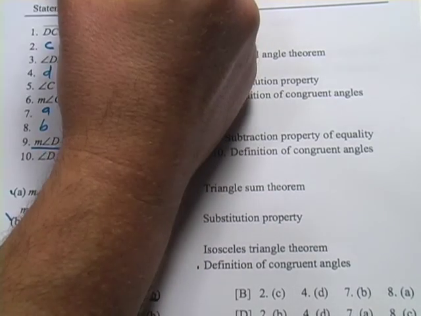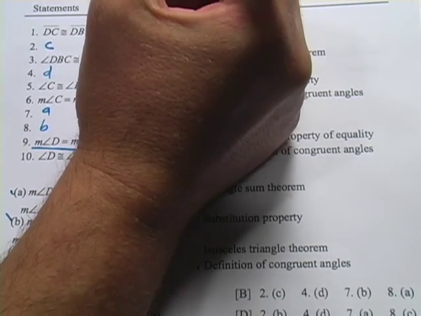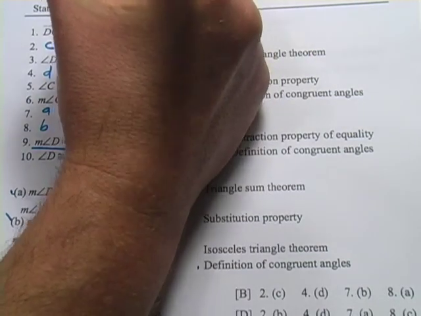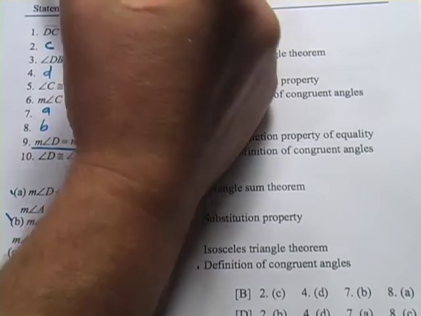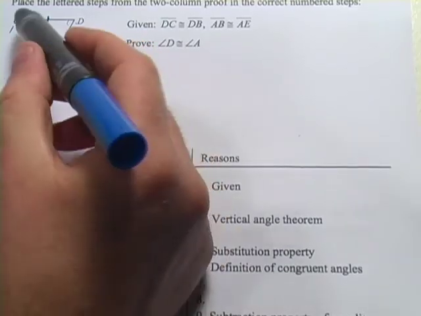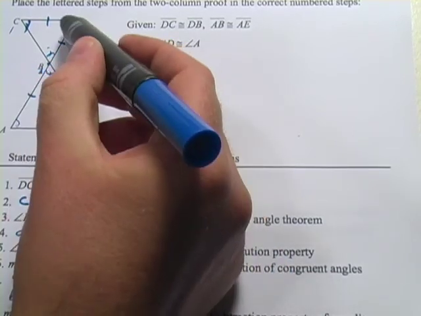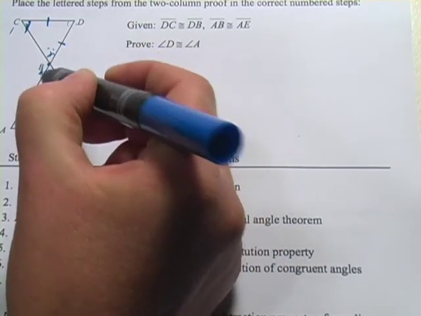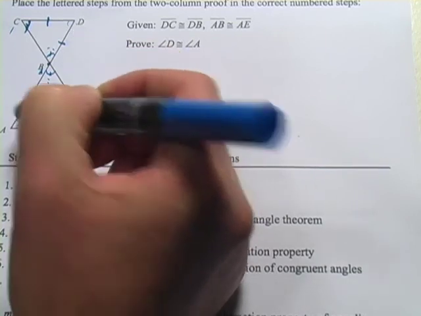We've said that C and E are the same, and that these two angles are the same, so the only two left would be D and A.